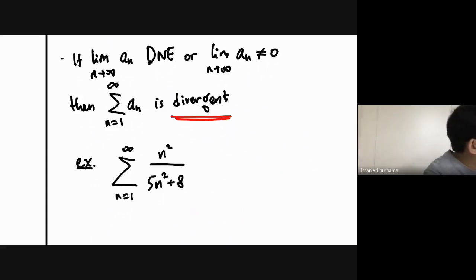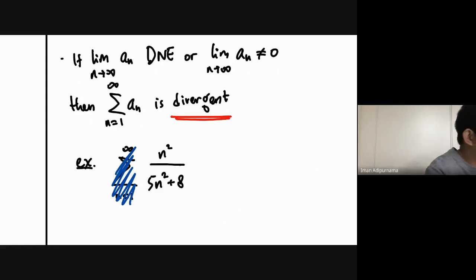Is it converge or diverge? Yeah, it's diverge. But if you are, for example, getting rid of the sigma, the sequence is converge. Okay, you know the difference between series and sequence.